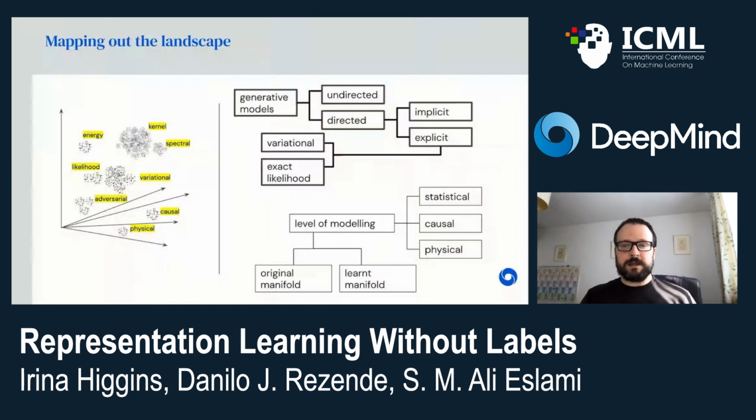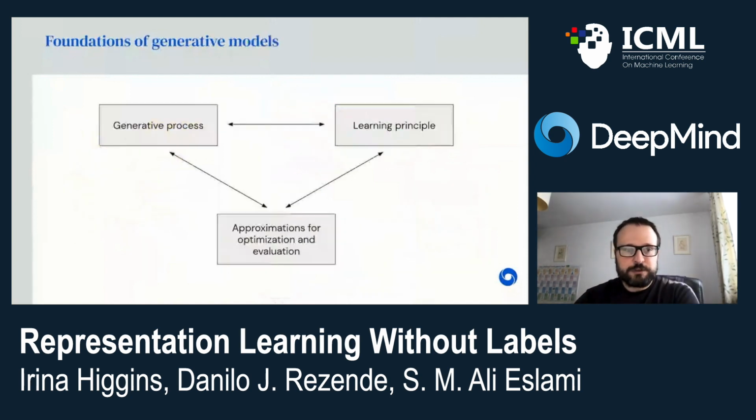But first, when we talk about generative models in machine learning, we are really talking about three things combined. The first thing is the generative process itself, which is what we traditionally would call the generative model in statistics. But we also group together the model with the learning principle, which is the thing we're going to optimize to make the model solve the task that we wanted to solve.